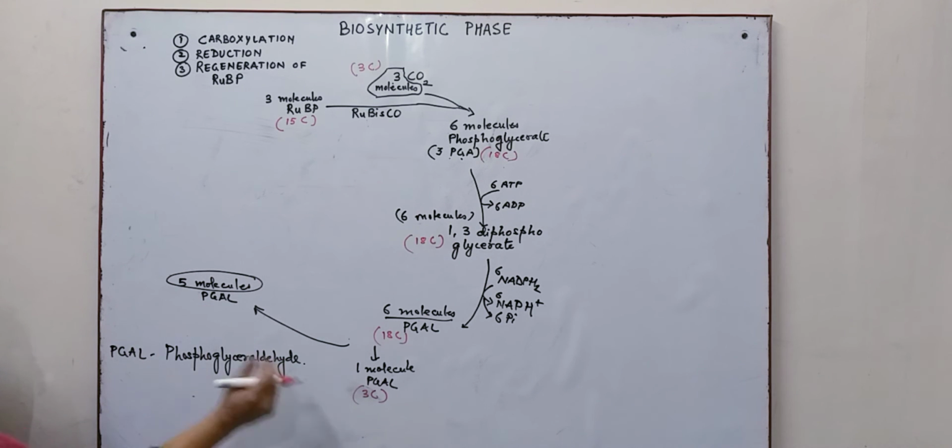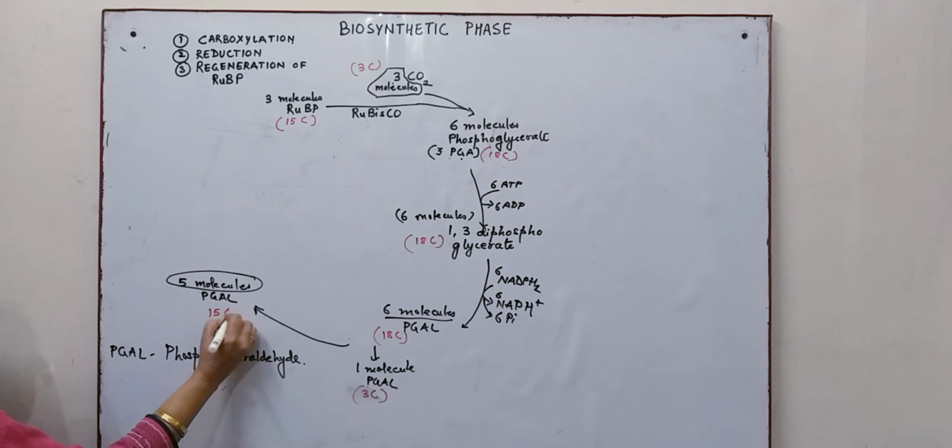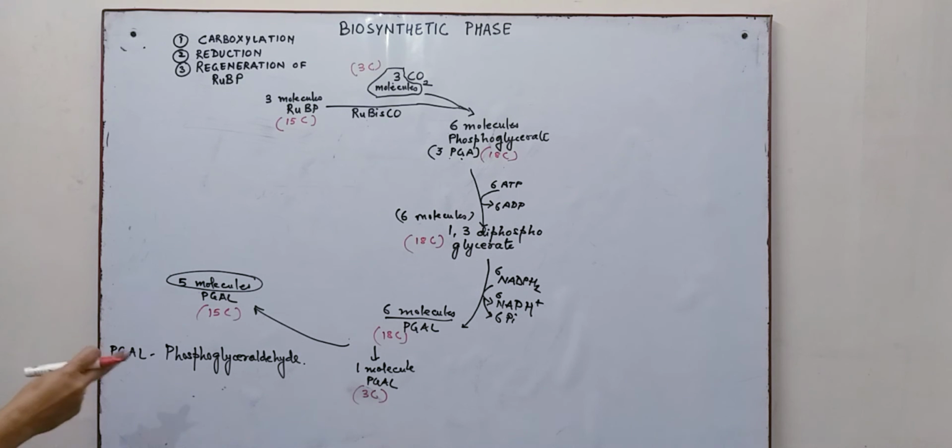Now 3 carbon have been removed, so we have 15 carbon over here with it. The 3 carbon atoms have been separated and 5 molecules will continue.